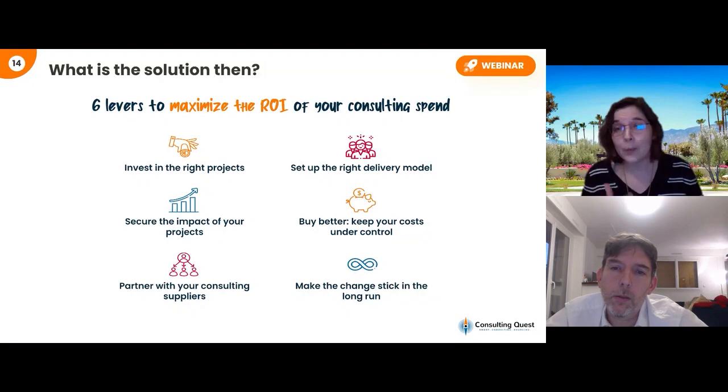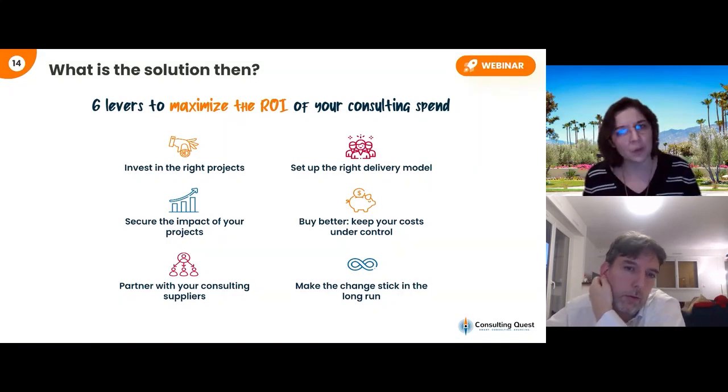Buy better, keep your costs under control. It's not only at the beginning, where you're securing the purchase of the consulting services, it's also after the contract and the SOW are signed, making sure that you keep your costs under control. We've seen projects that go completely off track because nobody was following anything or tracking the changes.